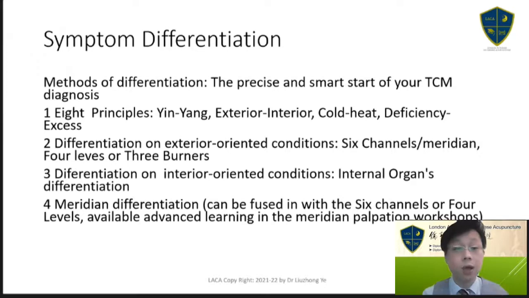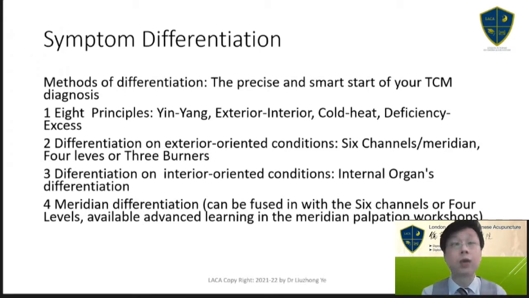And therefore, when you come to the exterior direction, then you need to use another method, because I think the basic Eight Principles are not enough. In the Eight Principles, when they call it the exterior condition, they normally use the six evils, the six exterior evils, to help differentiate.